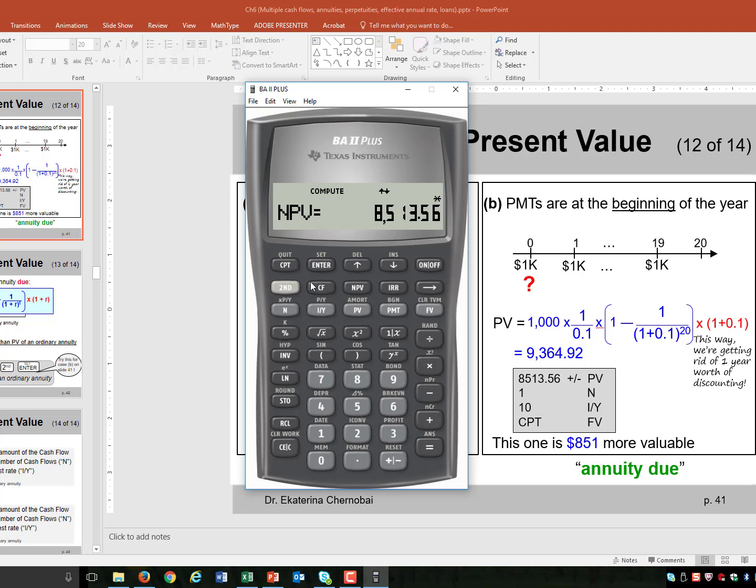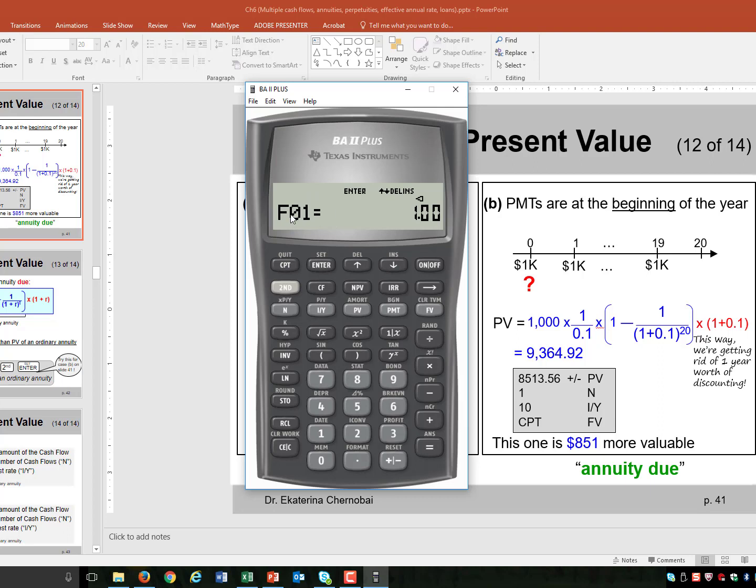Now, what will be different for case B, an annuity due with the $1,000 payments occurring at the beginning of each year? Make sure you clear the calculator, it's important. Cash flow key. What's cash flow 0? It's no longer $0. Now the first $1,000 occurs immediately, and that's what you need to put in the calculator. 1,000. Enter. Down. What's cash flow 1? The first one in the future. It's $1,000 in 1 year. You put 1,000 again. Enter. Down. What's the frequency of it?